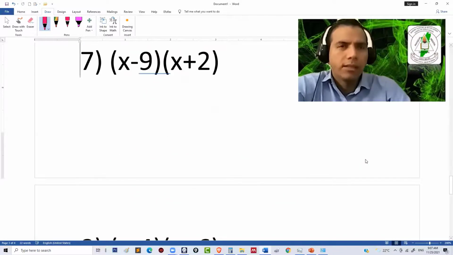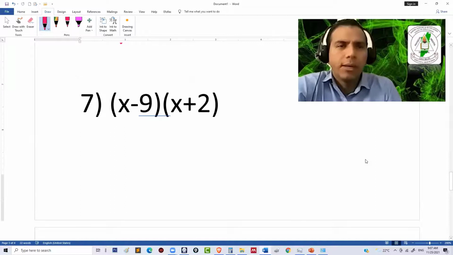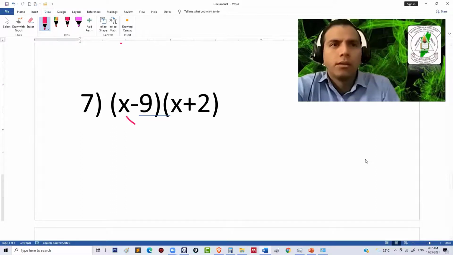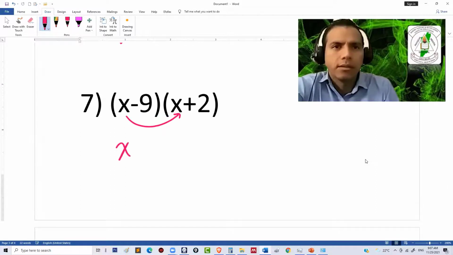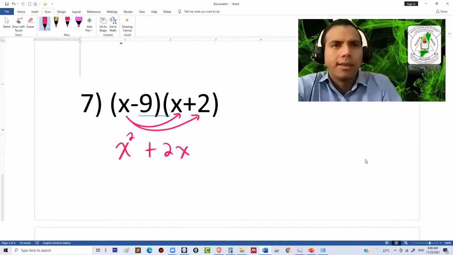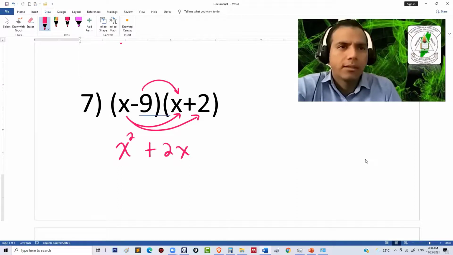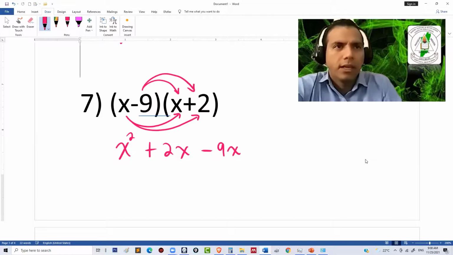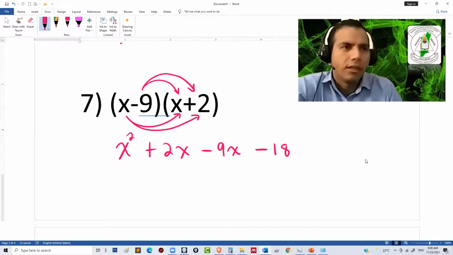In our seventh example, we have (x - 9)(x + 2). So we multiply x times x, which is x squared. x times 2 gives us 2x. Negative 9 times x is negative 9x. Negative 9 times 2 is negative 18.